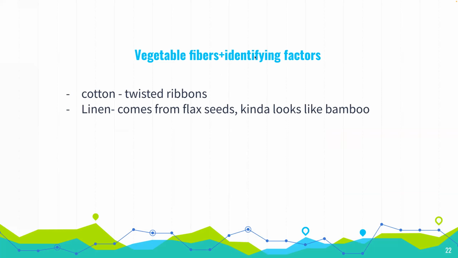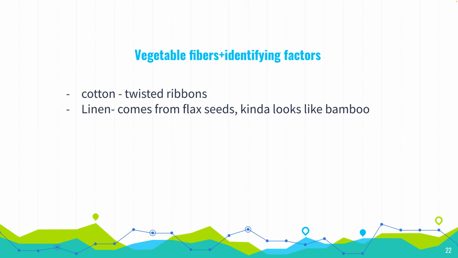All right, so vegetable fibers and their identifying factors, because again, there are different groups. I forgot to put pictures in these, so I'll pull up some pictures on a different screen. Cotton looks kind of like a twisted ribbon.